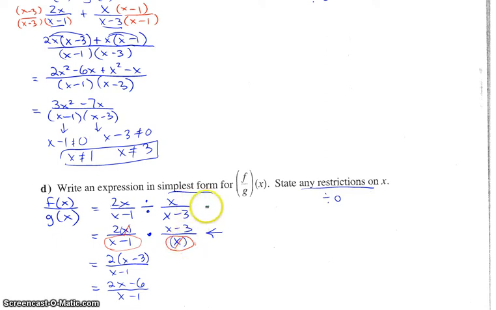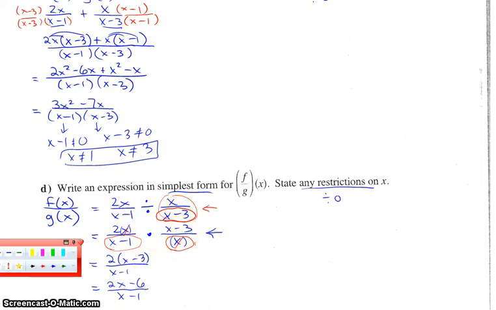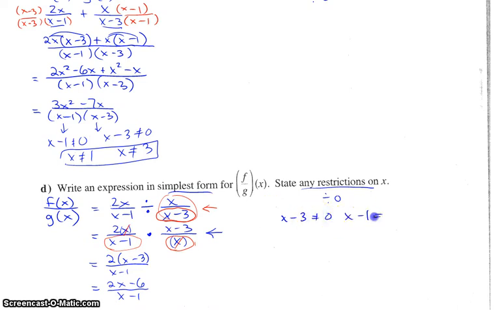But if you go back up to here, we're dividing by this whole thing, which means that would show up here. So up here, we're also dividing by x minus 3. Those 3 factors I circled need to be set to 0 to figure out our restrictions. So x minus 3 can't equal 0, x minus 1 can't equal 0, and x can't equal 0.